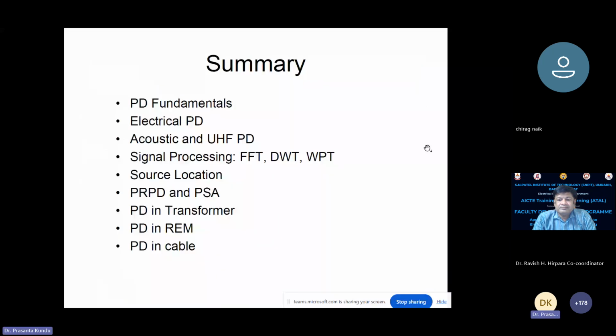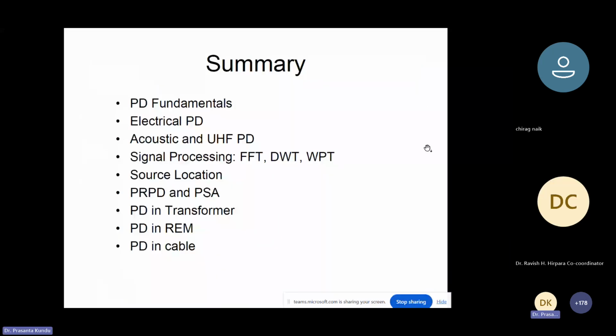So in summary, what we have understood is the PD fundamentals, from the basics, the definition of partial discharges, their effect on insulation, and why you go for PD measurement.